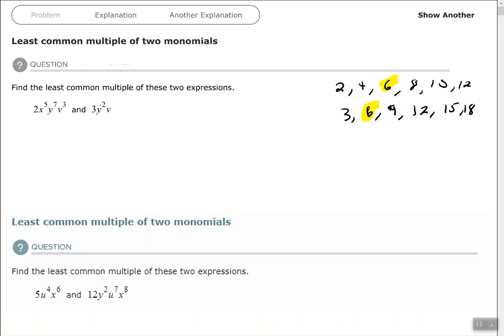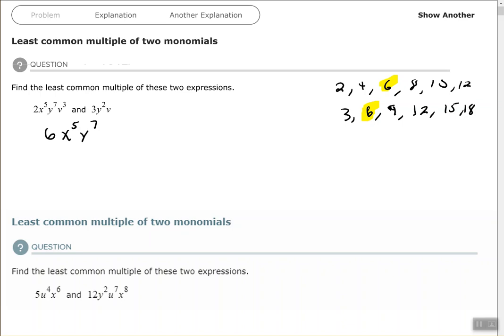First of all, the least common multiple for 2 and 3 is 6. Then x to the 5th, that's the only x variable that we have, so we have to include the x to the 5th. And then the y's, we have y to the 7th and y squared. You always use the highest exponent when finding the least common multiple.